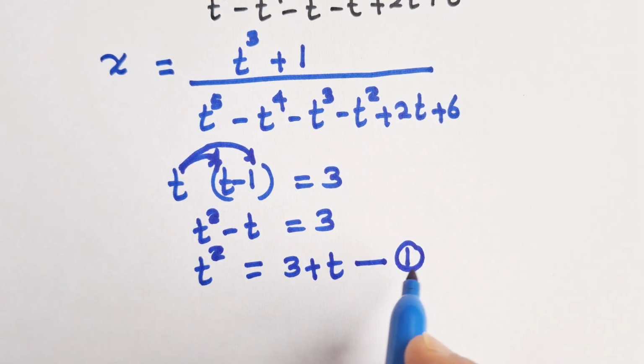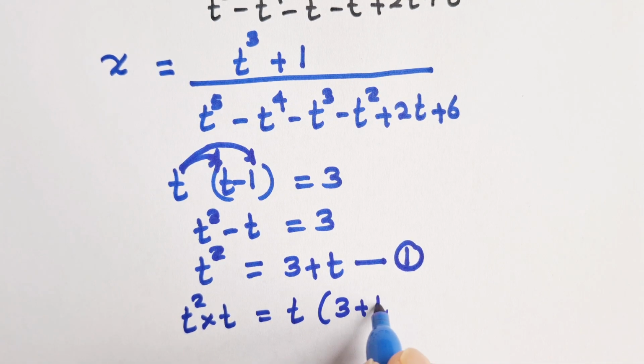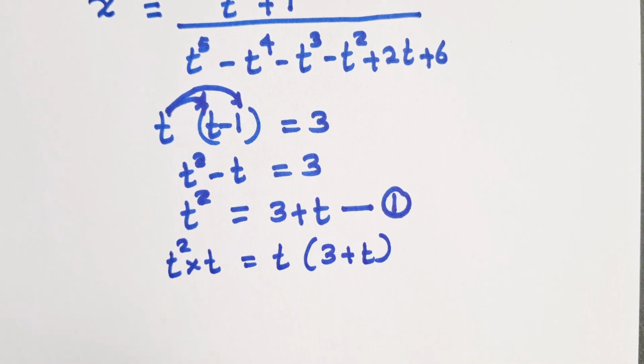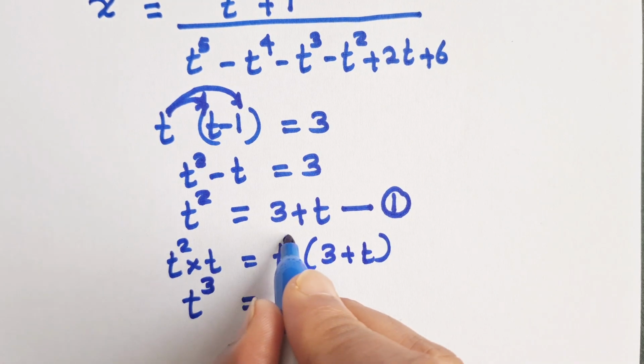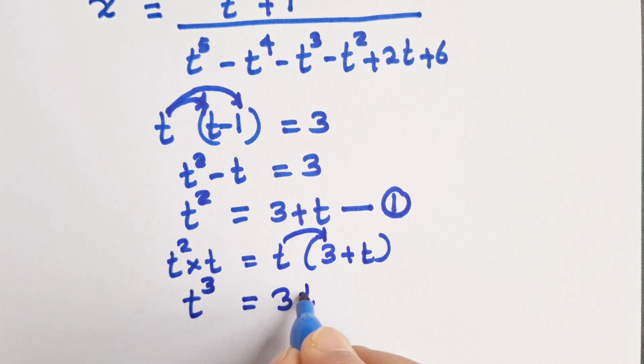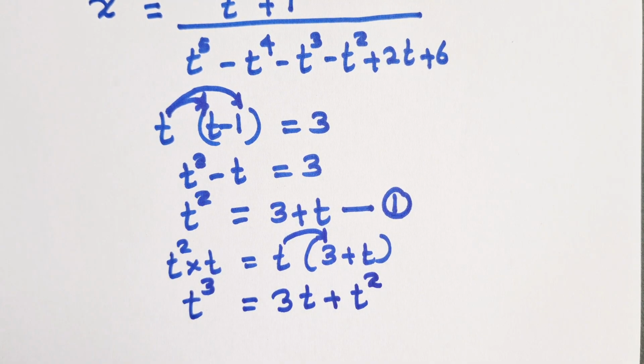Then I'm going to multiply both sides of this equation by t. t square times t equals t times (3 plus t). Then t to the power 3 equals 3 times t plus t square. But from equation 1, t square equals 3 plus t.